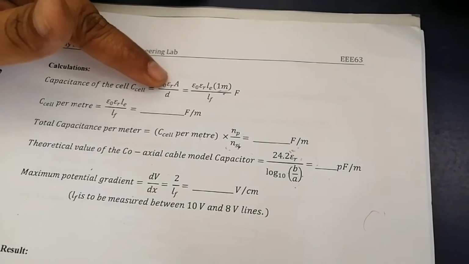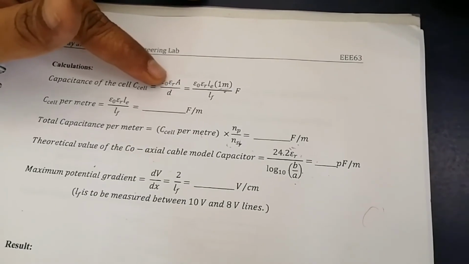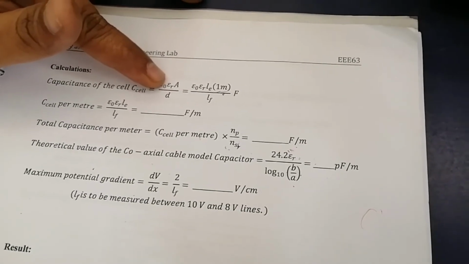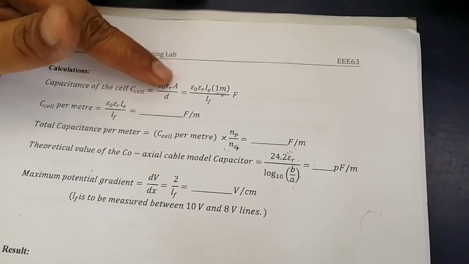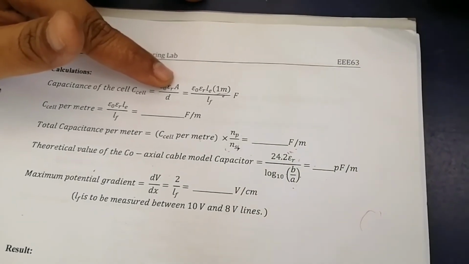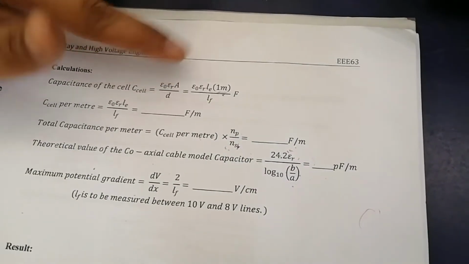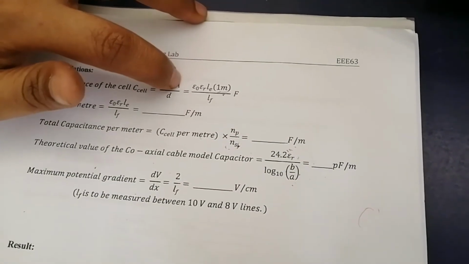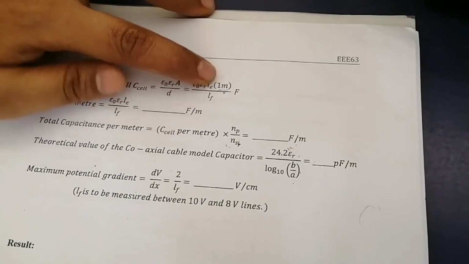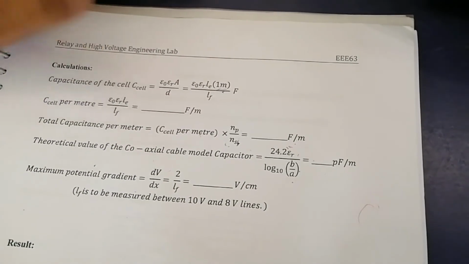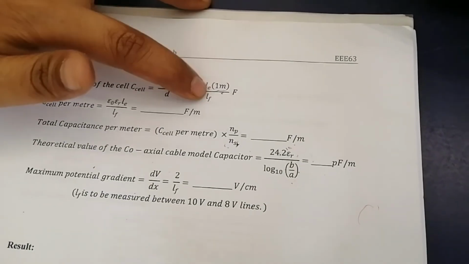We have used water as the dielectric medium. So epsilon naught equals 8.854 into 10 power minus 12, and epsilon r is the relative permittivity of water. We have taken area as LE into 1, since area is length into breadth and I have imagined a 1 meter breadth cell, so LE into 1 by LF.